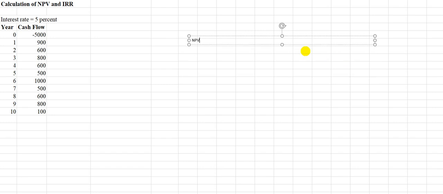NPV, or net present value, is the difference between the present outlay and the sum of series of discounted cash flows over a period of time.